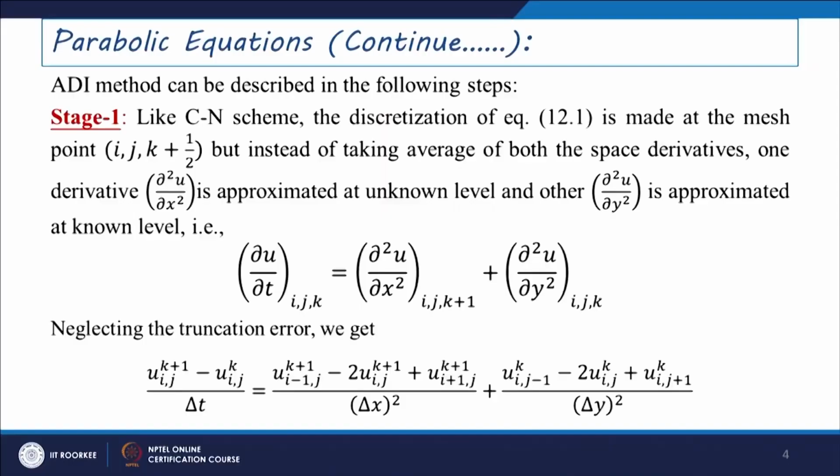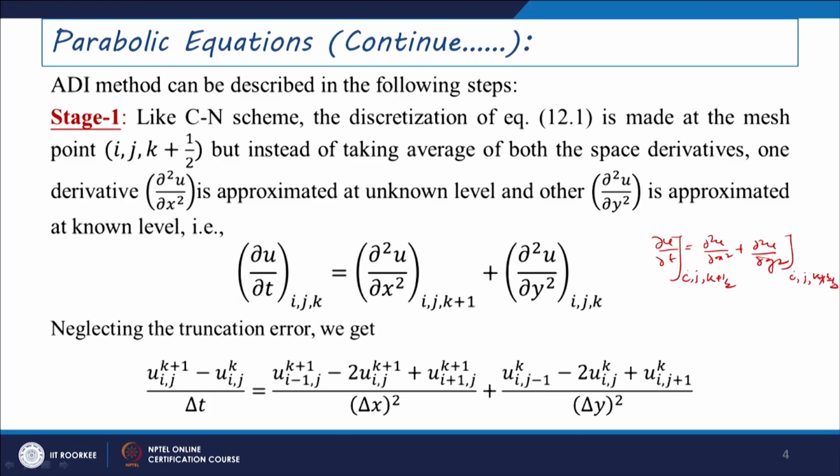So, the alternating direction implicit method, or ADI method, can be described in the following steps. In the first step, like the Crank-Nicolson scheme, we discretize the equation del u by del t equals del square u by del x square plus del square u by del y square at the mesh point i, j, k plus half.